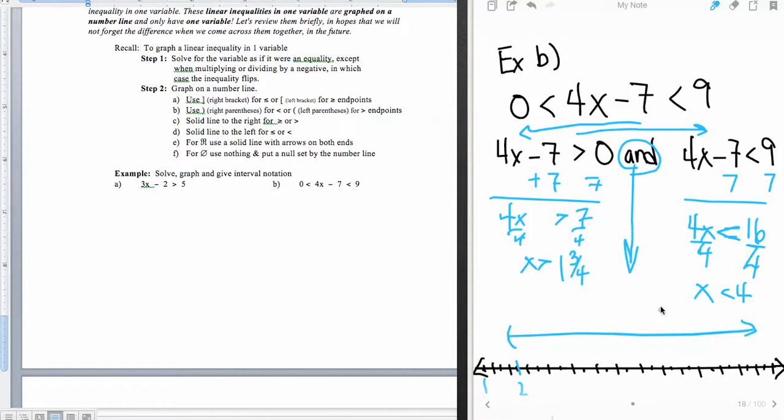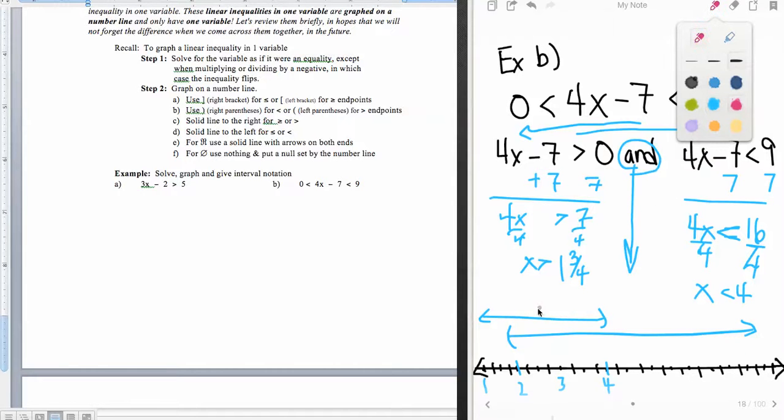And then less than 4, so there's 3 there, and there's 4 right there. So we have less than 4 there. And remember, our solution was the overlap of these. So from here to here is where our solution is. So we have a solution set from there to there and in between.